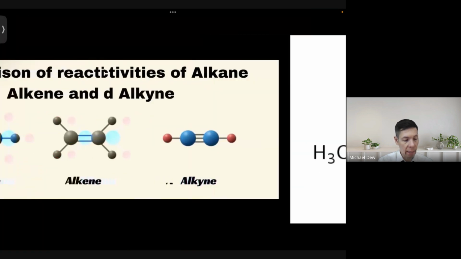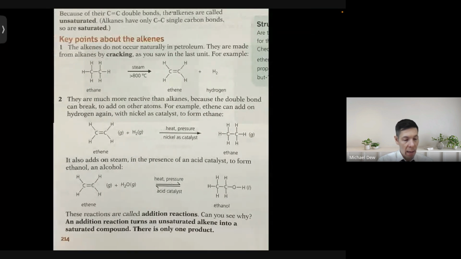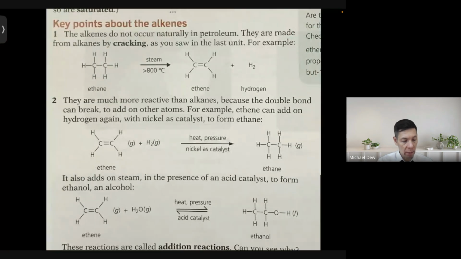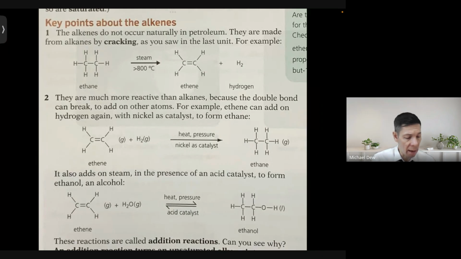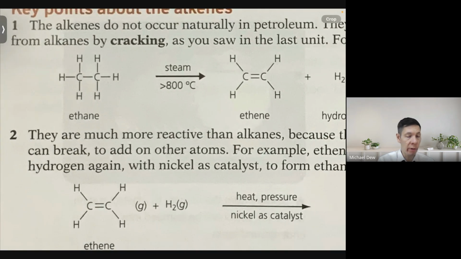Let's take a look here at one last key point that you should know for the exam. When you have a double bonded carbon, you can get those created from a single bond between the carbons through a process known as cracking.